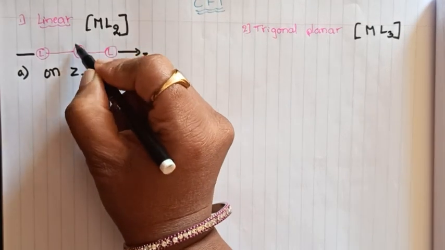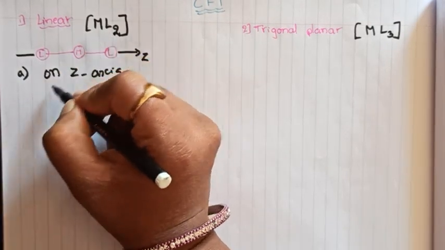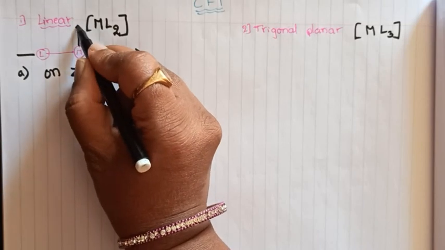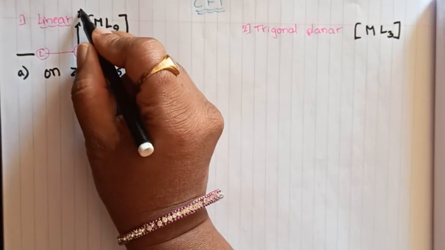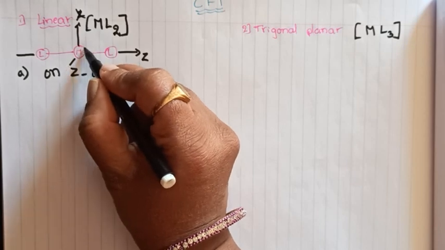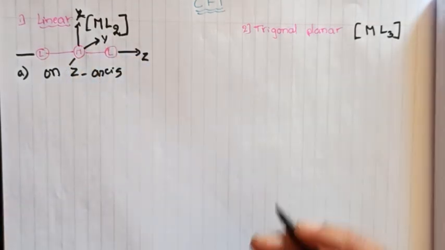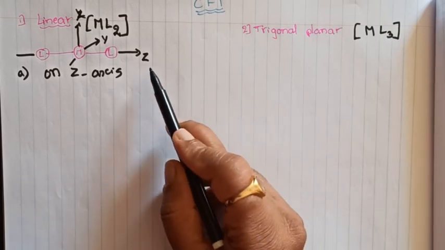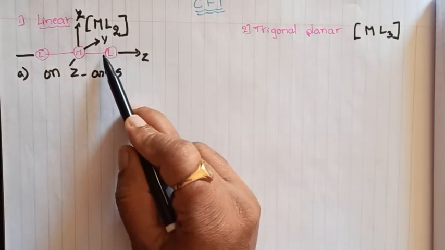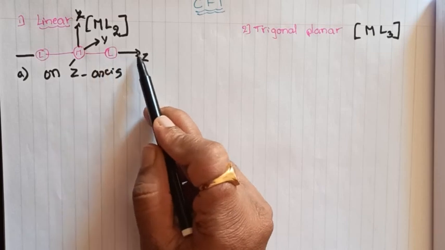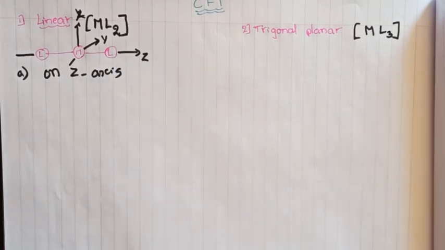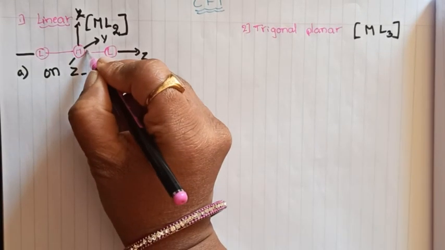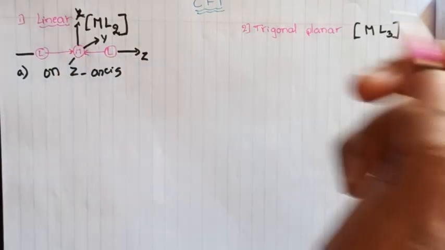If you draw the other axes, x and y, you can see there are no ligands on x and y except z. So the two ligands in the linear metal complex approach the metal through the z axis. They form the metal complex in this way.